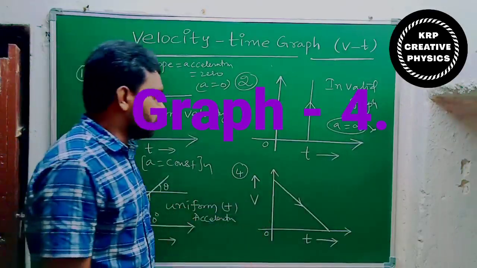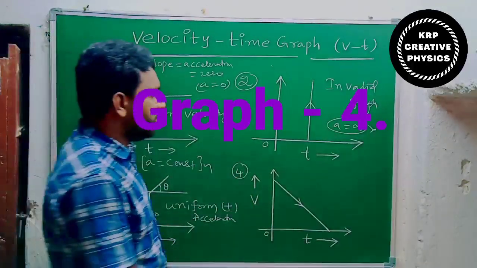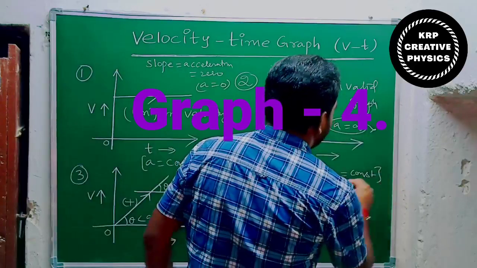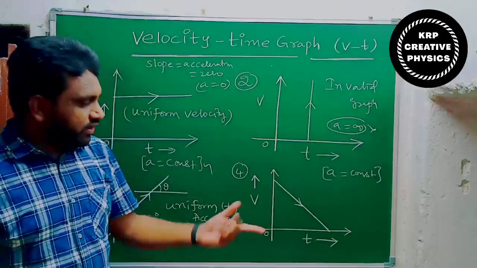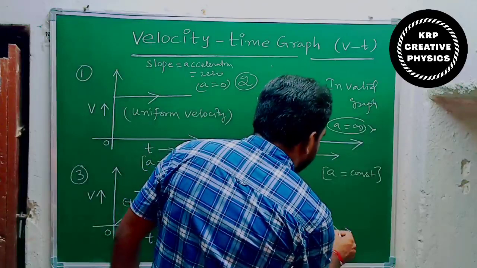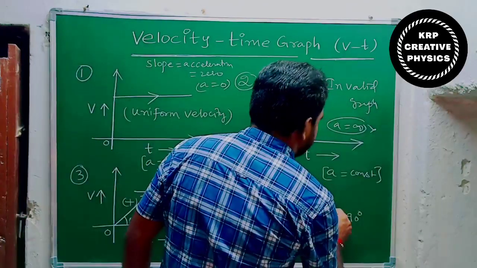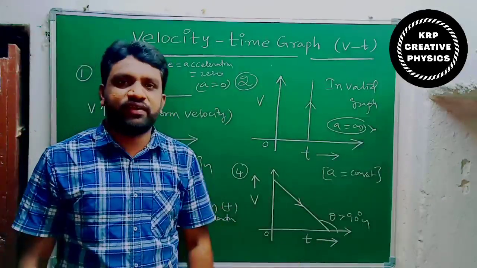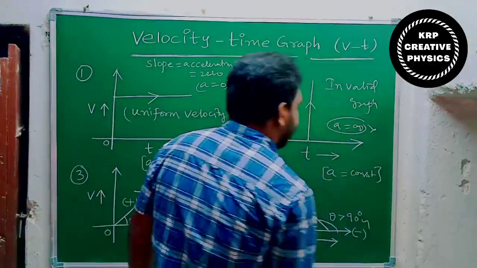If we consider the fourth graph, slope remains constant. We are getting a straight line. There is no doubt. Slope remains constant means acceleration is constant, so it is uniform acceleration. But we need to conclude whether it is positive or negative. For that, we need to measure the angle. This is the angle. Just observe the angle here. The angle is greater than 90 degrees. When the angle made by the slope with respect to the x-axis is greater than 90 degrees, this slope definitely represents a negative value.